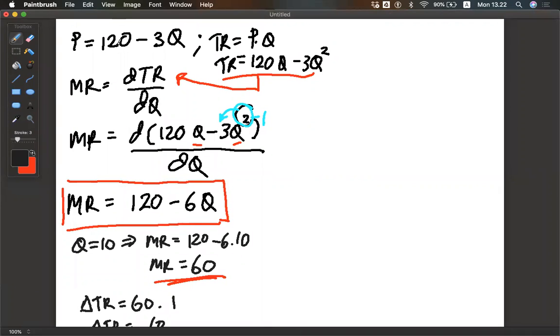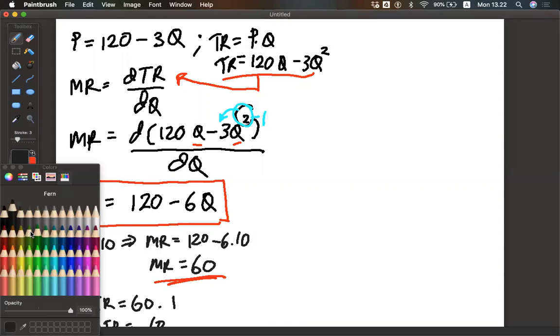If we have this TR, so it means we have 60. The TR is, or we can also try to calculate it. Wait a minute. Maybe I just give a green.